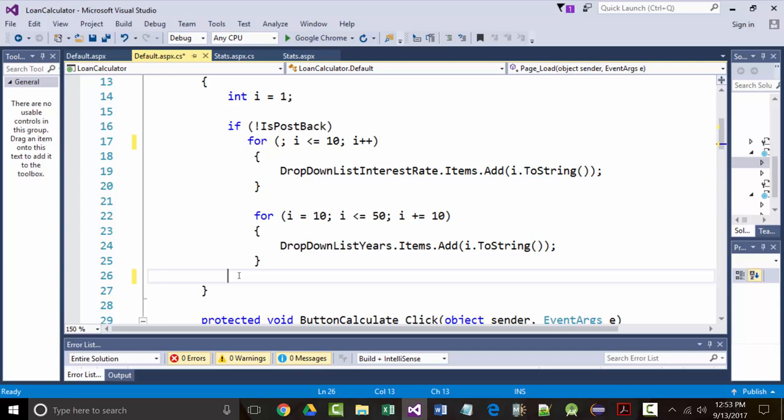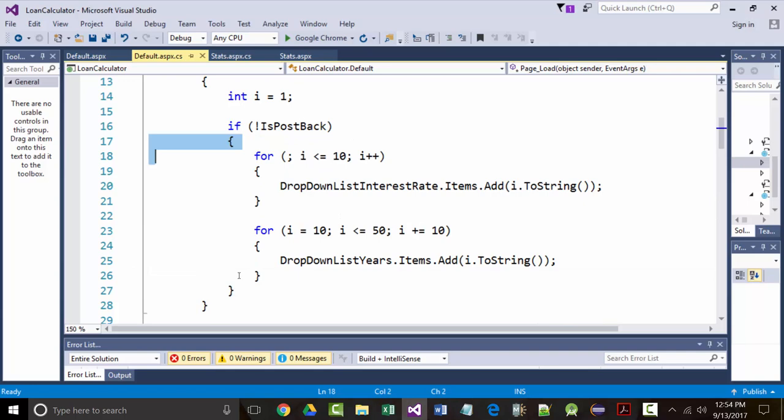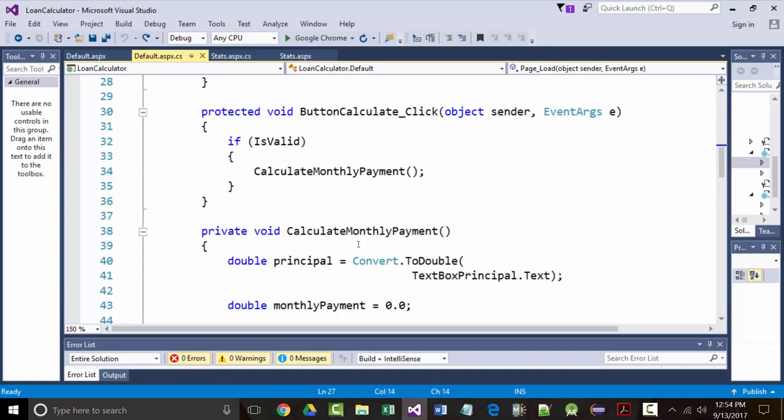If you did that, it's wrong because that second loop is always going to run. That's not correct. You really only wanted those two things to be filled up when you were doing it for the first time. Okay.